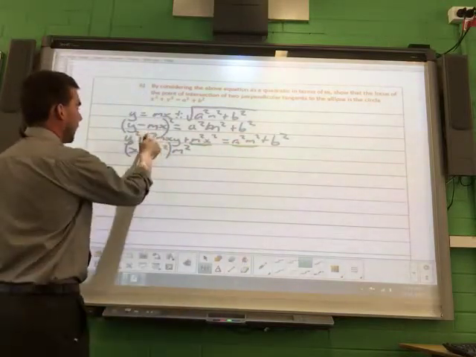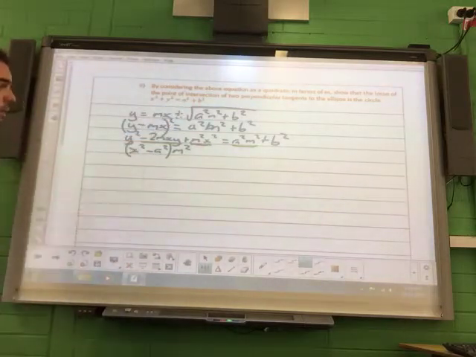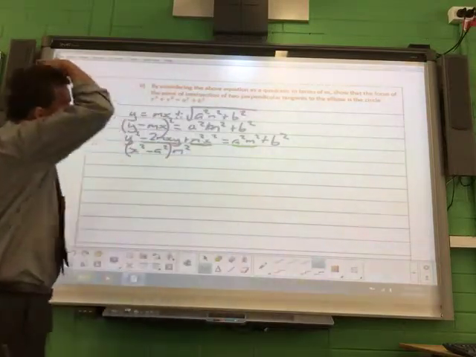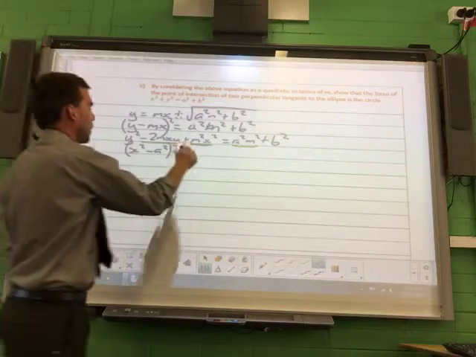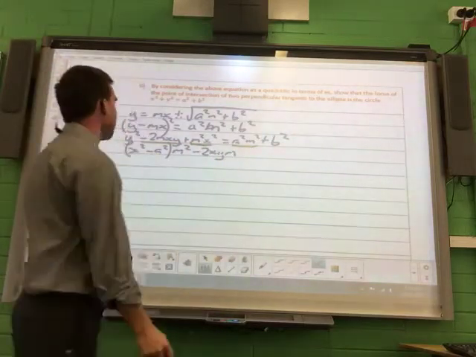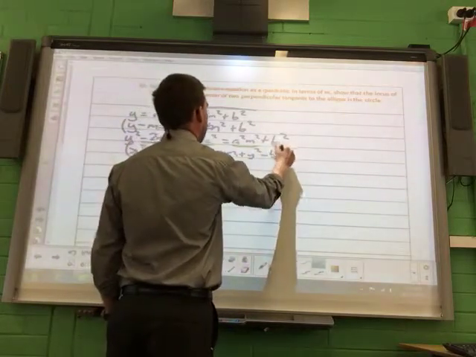Then take away 2xy m, which is the power of 1, plus y squared take away b squared, which is the constant.